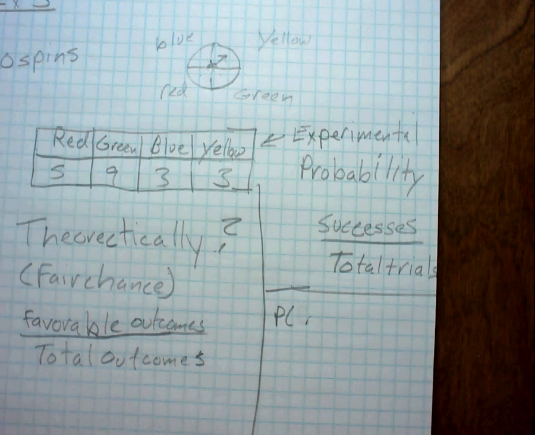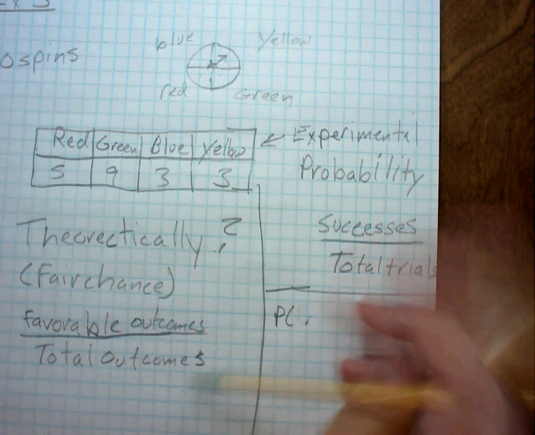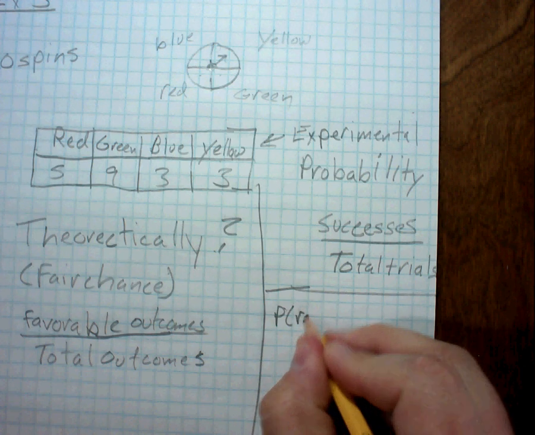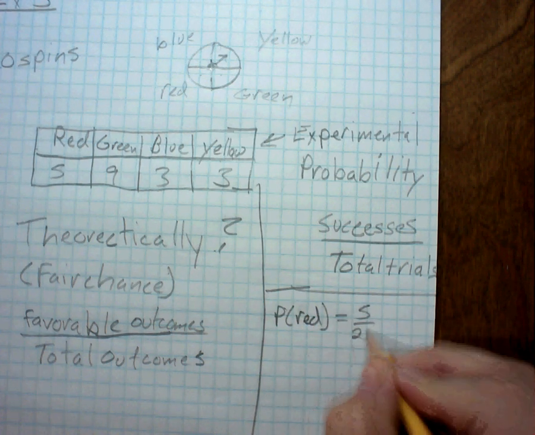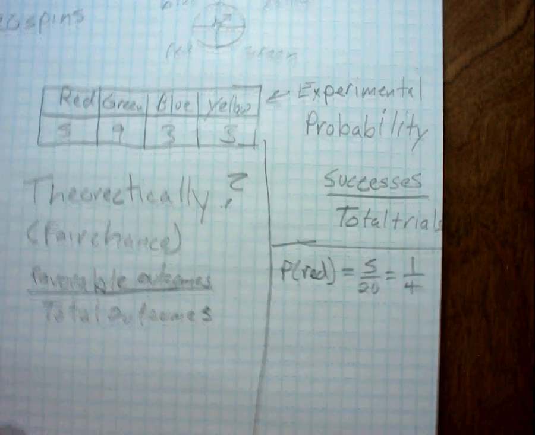The experimental probability of red is we spun it 20 times, and we got 5 out of 20, which reduces down to 1 out of 4, which is 25%.